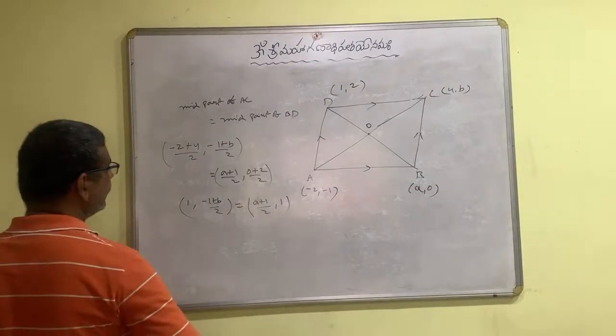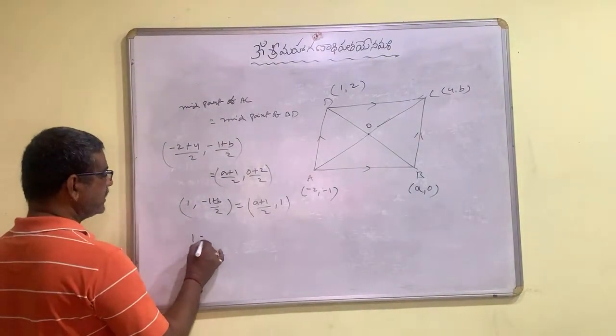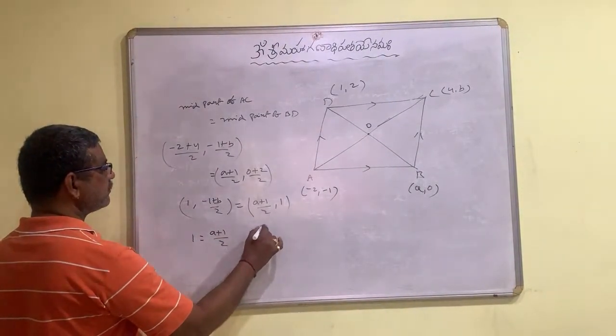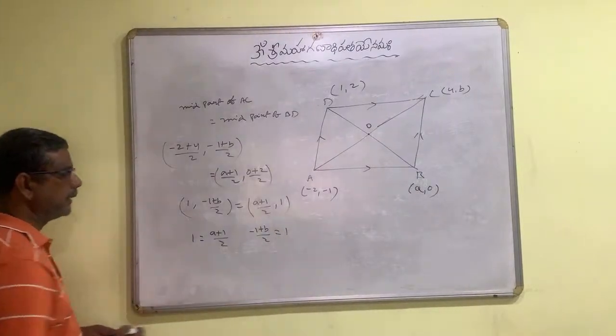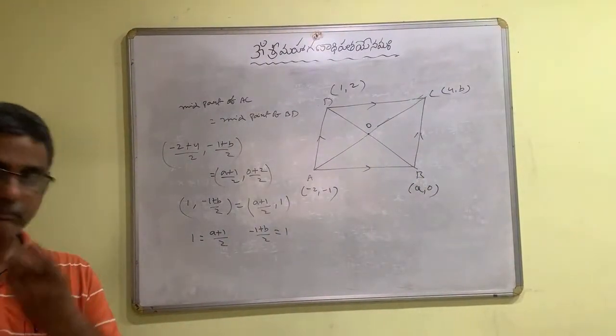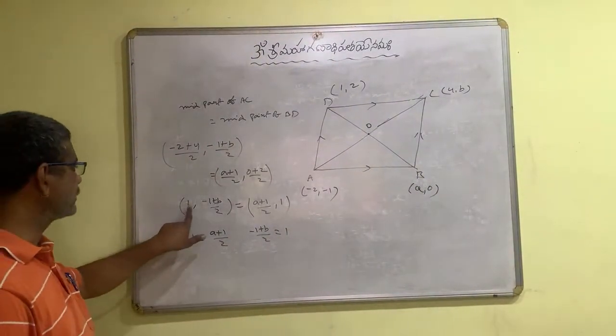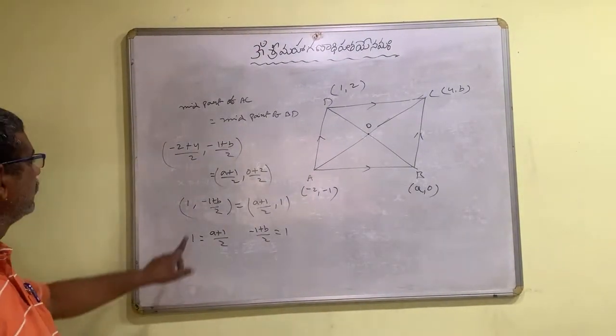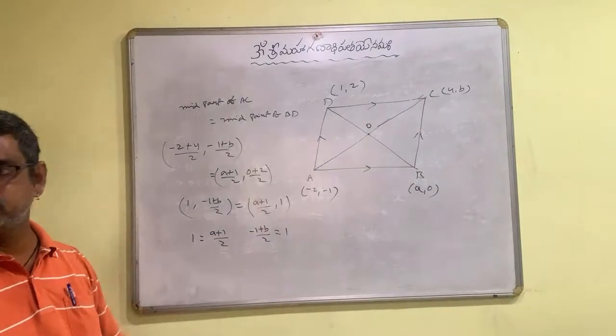Now equate the terms. 1 is equal to (a plus 1) by 2. (Minus 1 plus b) by 2 is equal to 1. X coordinate with x coordinate, y coordinate with y coordinate.